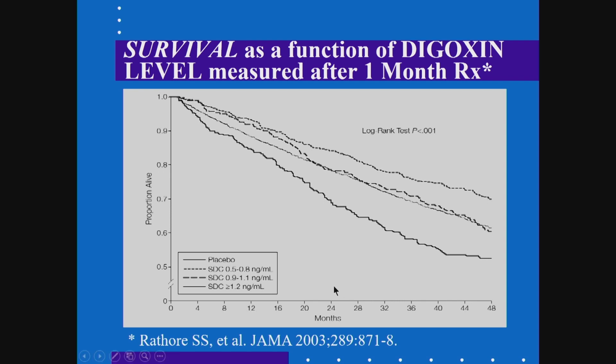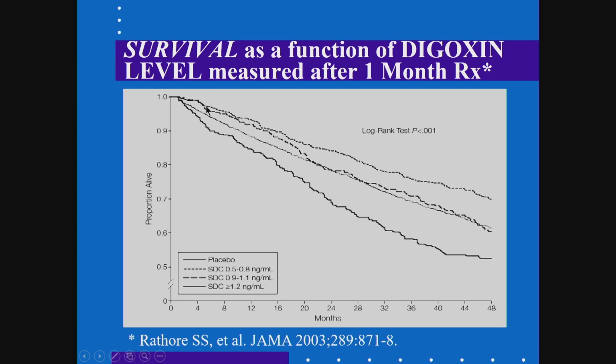This study that was published in the early 2000s, looking at patients on therapy for congestive heart failure and receiving digoxin throughout this period of observation that lasted 48 months, and then looking at survival on the basis of the observed levels of digoxin.